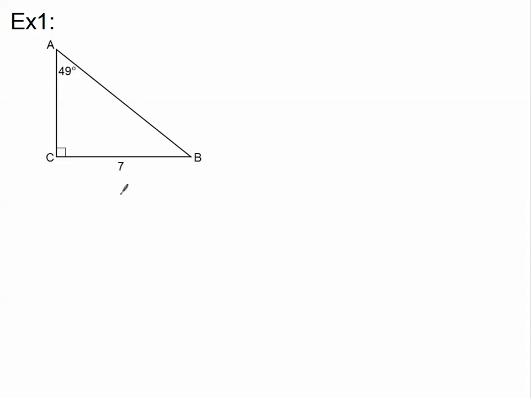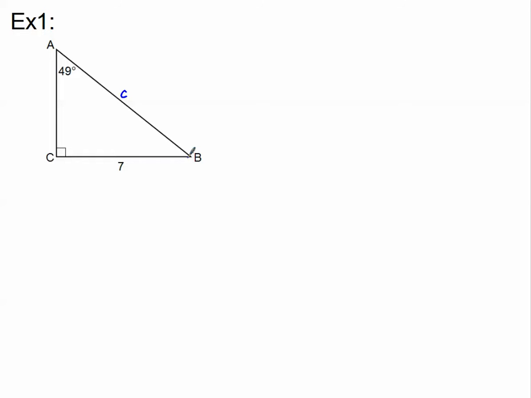So let's first talk about how to label a picture correctly if the labels are not already there. If the labels are already there, if I've already put variables in the 3 spots where you're going to be finding the measures, then please just use those variables. If I have not, this is what you need to do. Opposite angle C is side C, a little c.